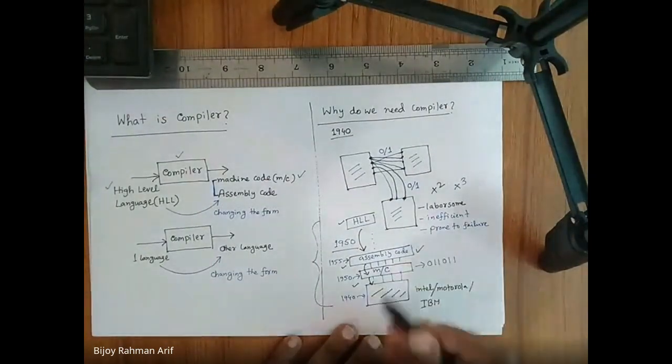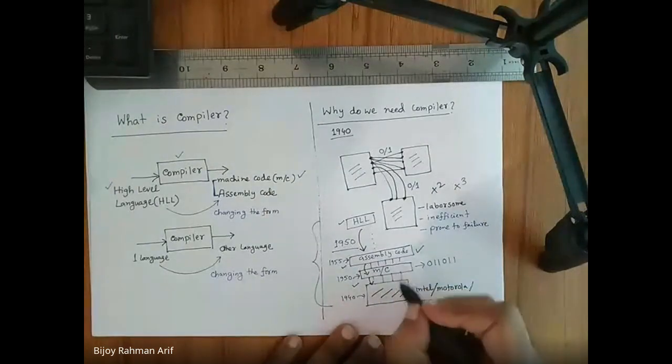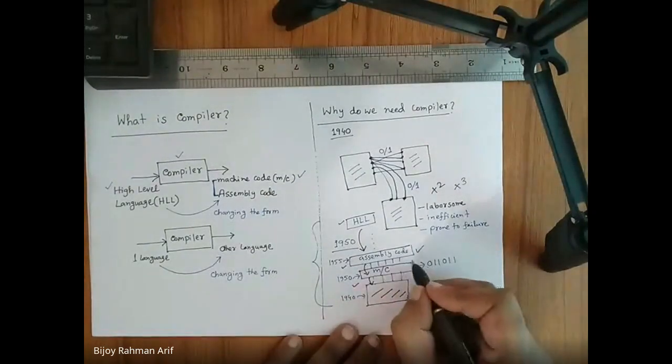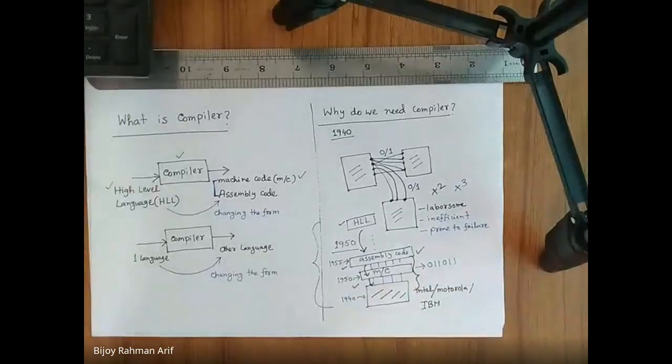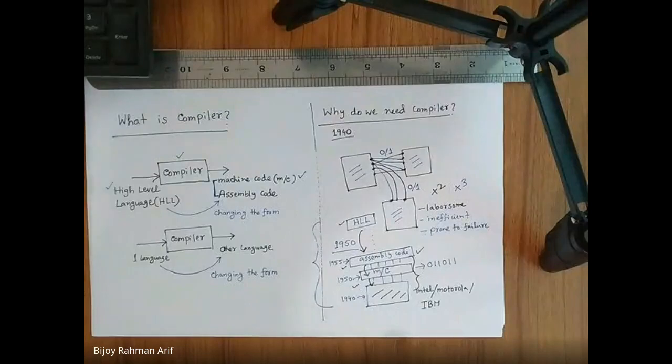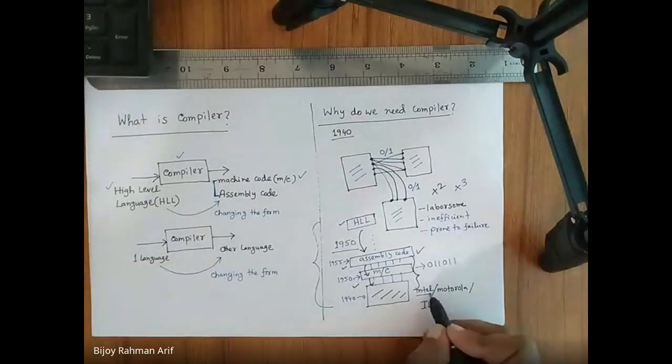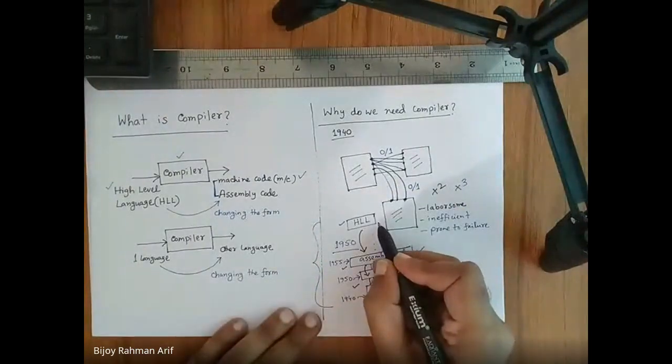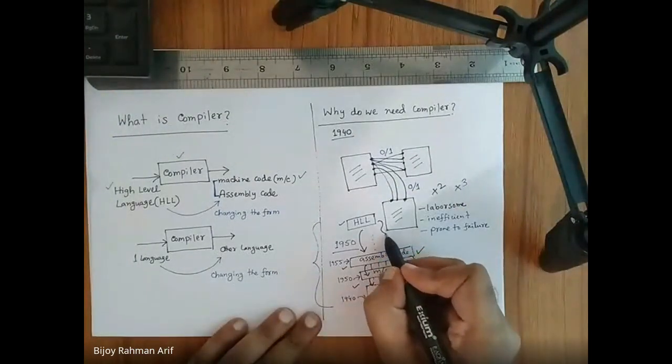So up to this part, this is vendor dependent. Now, for example, if you want to write a C compiler for an Intel machine, you have to create up to this part, from the high-level part up to the assembly part.